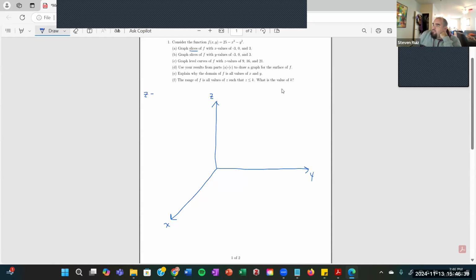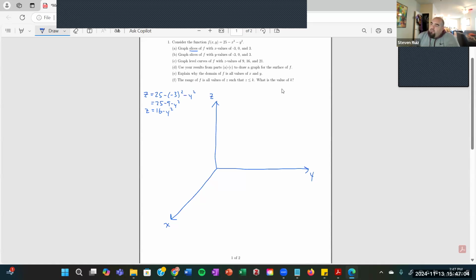So z equals 25 minus (-3) squared minus y squared. So that's 25 minus 9 minus y squared, which is equal to 16 minus y squared. So z equals 16 minus y squared.